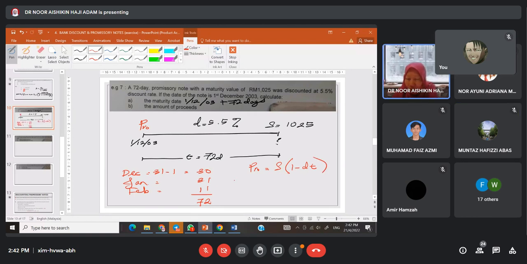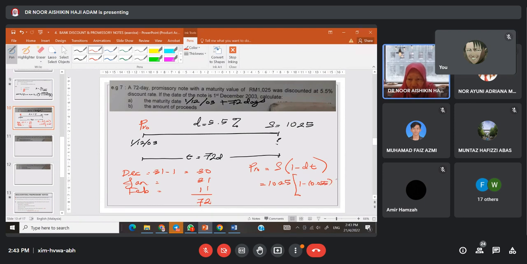Ini lagi straightforward rather than finding the bank discount amount, kemudian you buat proceeds as the difference between S and D. Ini lagi cepat nak dapat jawapan because we have S, we have D, we have T. Therefore, you masukkan je 1025 times 1 minus 5.5%. I should use square bracket because of that percent.